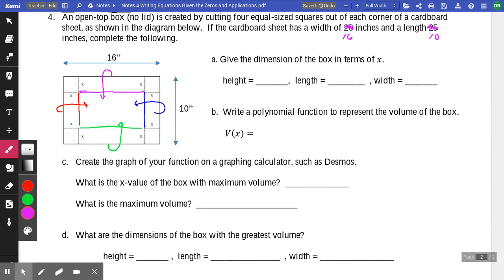All right, so what are we doing here? We're going to look at how we can express the dimensions of this box using the height, length, and the width. So let's look at that just a little bit. The height, when we fold up these flaps, we know is going to be x.